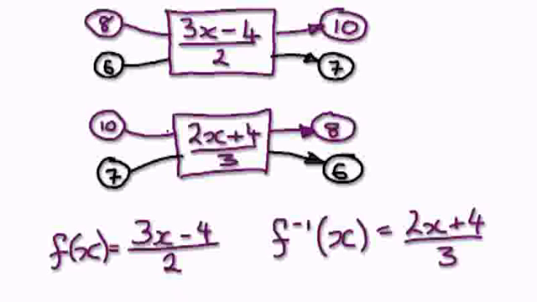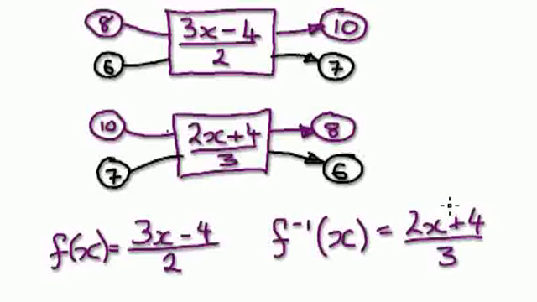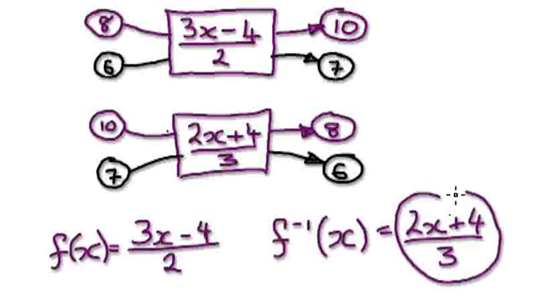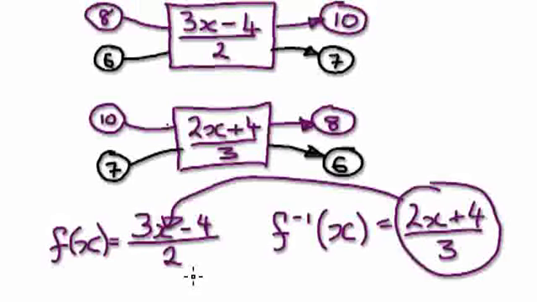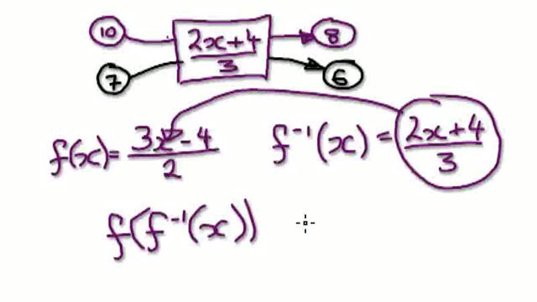But here's the thing. Let me get rid of this. What I want to show you is that if you put this whole thing into this x here, you have f of the inverse of x, and that equals x.